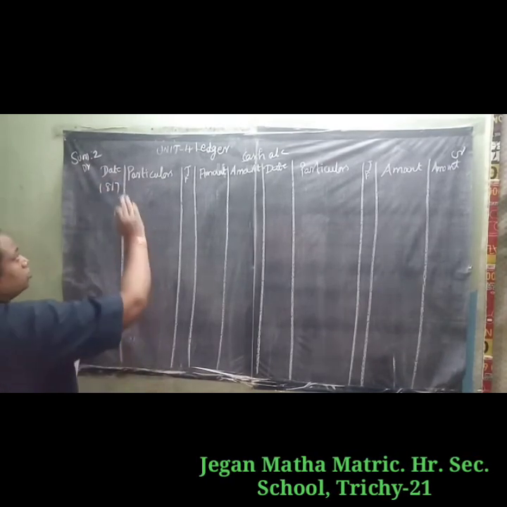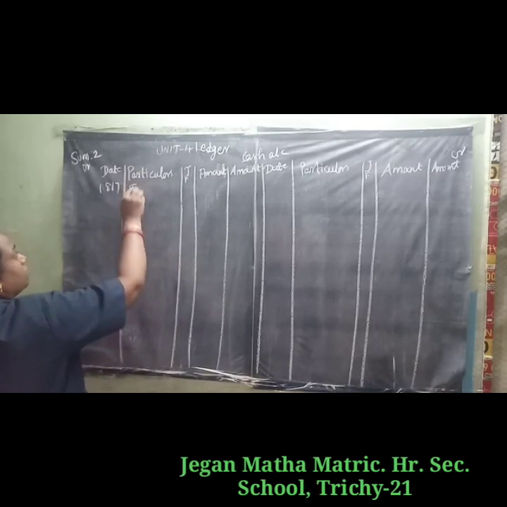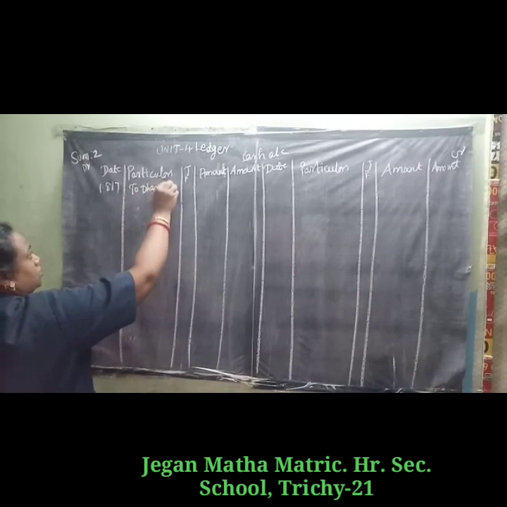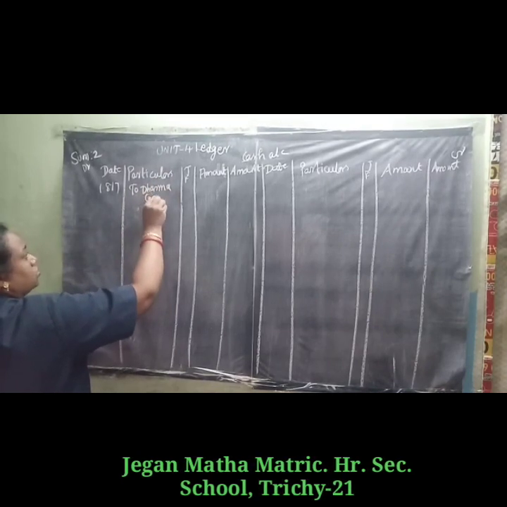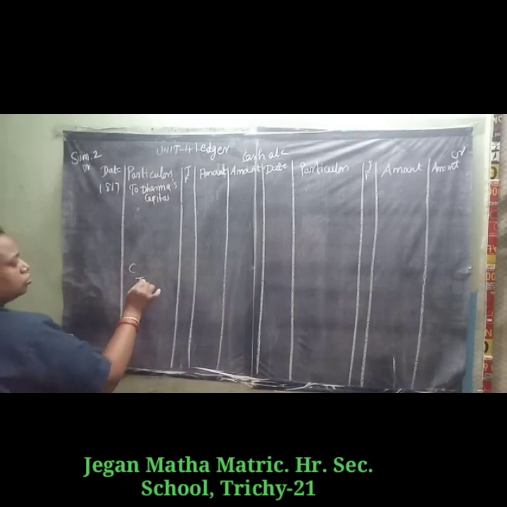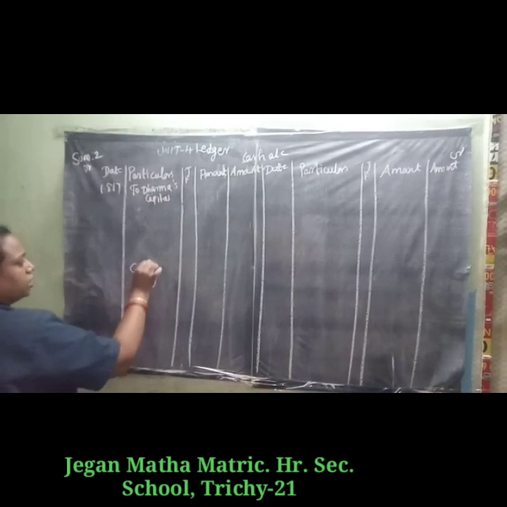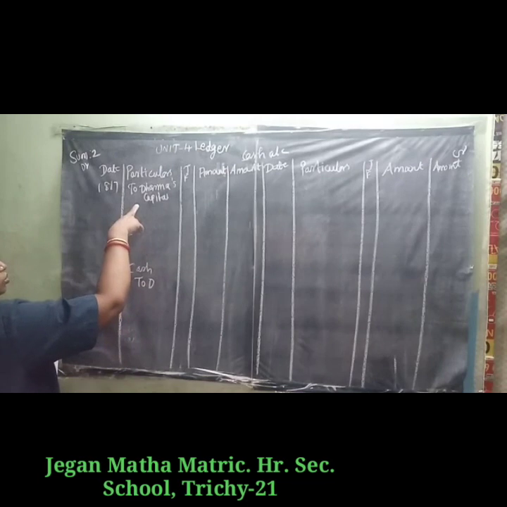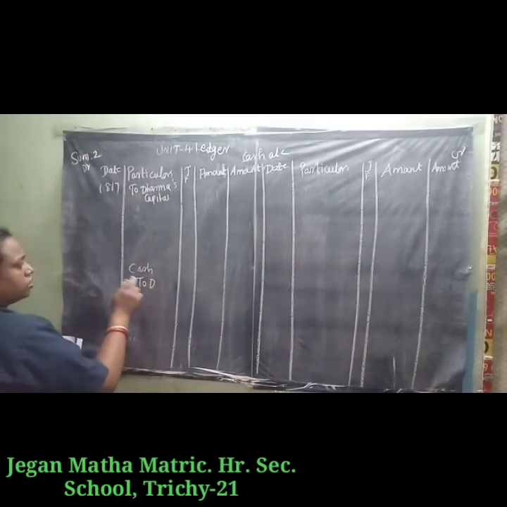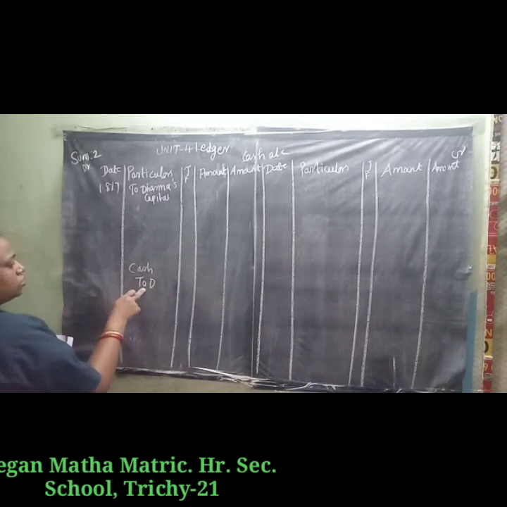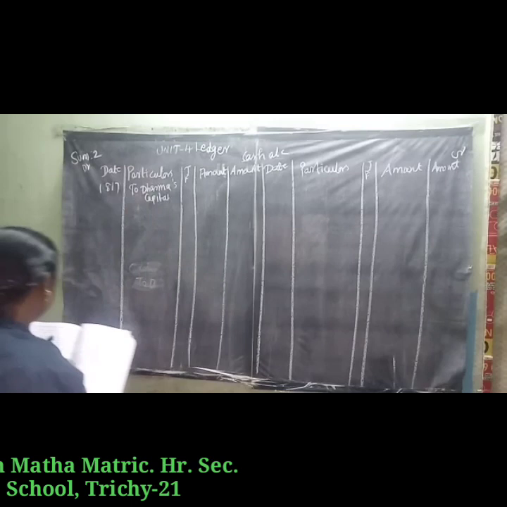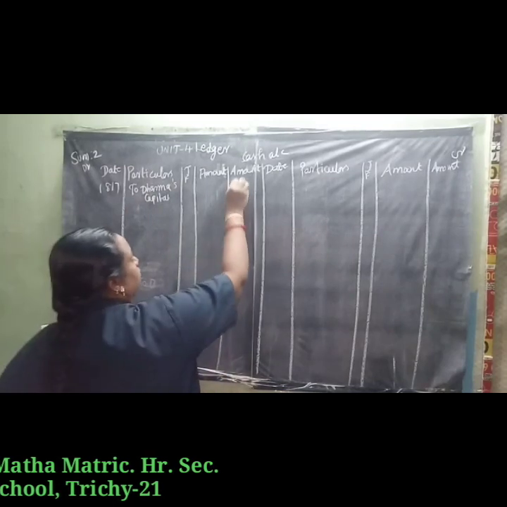We write the opposite entry, to Dharma's capital account. Amount 70,000.